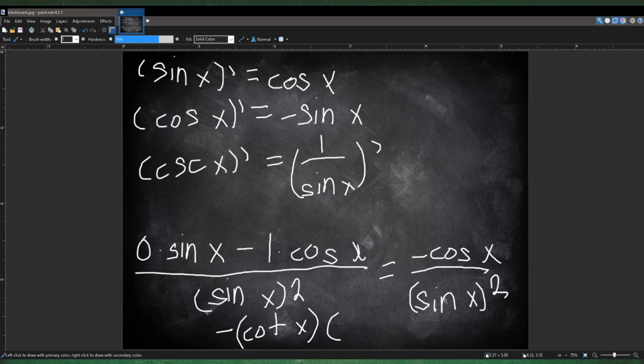So 1 over sine of x is just cosecant of x. So the derivative of cosecant of x is equal to the negative cotangent of x times cosecant of x again, which is a little strange, but it works for the graph. So this is how you technically prove it.